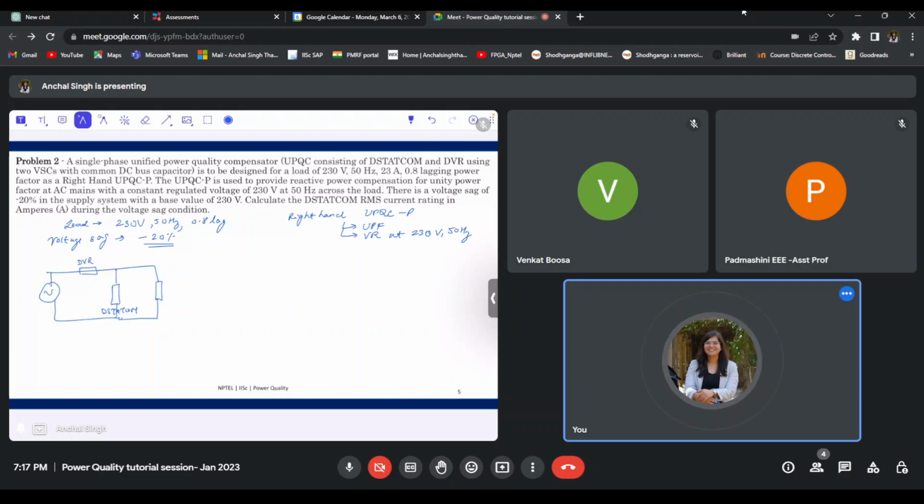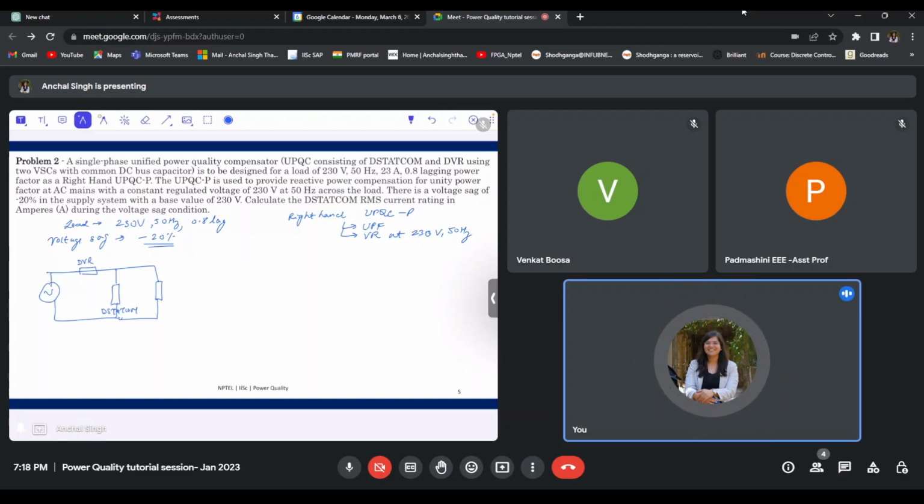Now I am asked to calculate the D-STATCOM RMS current rating. In order to calculate it, I know that the purpose of my D-STATCOM is to take care of the unity power factor correction. Since it is a UPQC P, the DVR can take care only of active power.